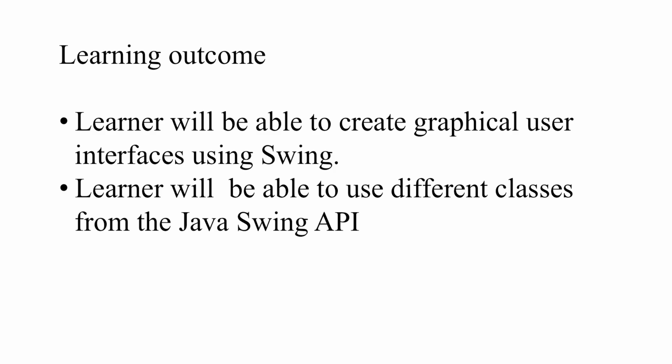And in the last, I will conclude my lecture. So here you have learned many Swing components. Now you will be able to create a graphical user interface using Swing. You will be able to use different classes from the Java Swing API, application programming interface. I hope you will be learning about Java Swing.